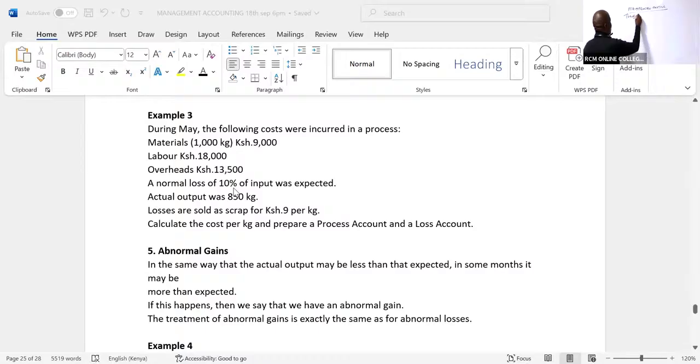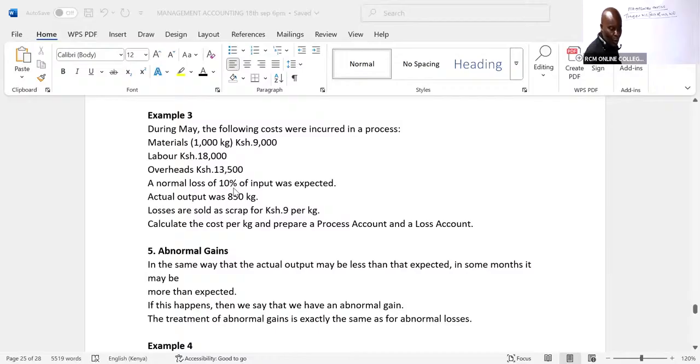A throughput account, which basically is an account which gives us movement of units. Yeah, basically this is a movement of units account. Very, very important. Movement of units account.